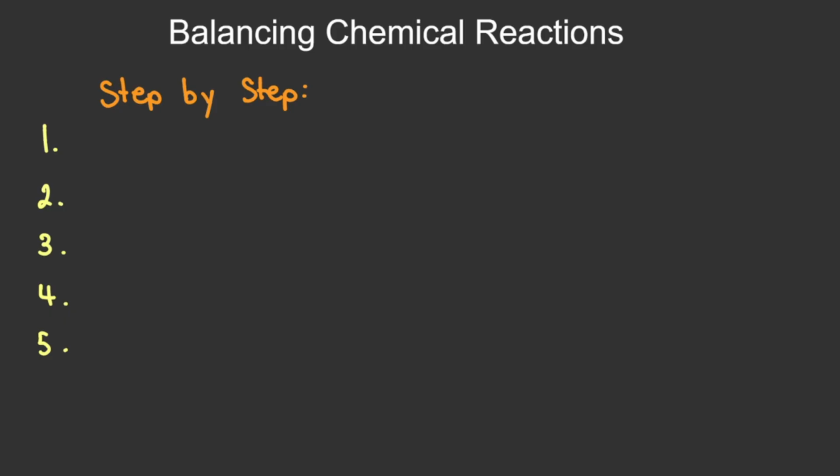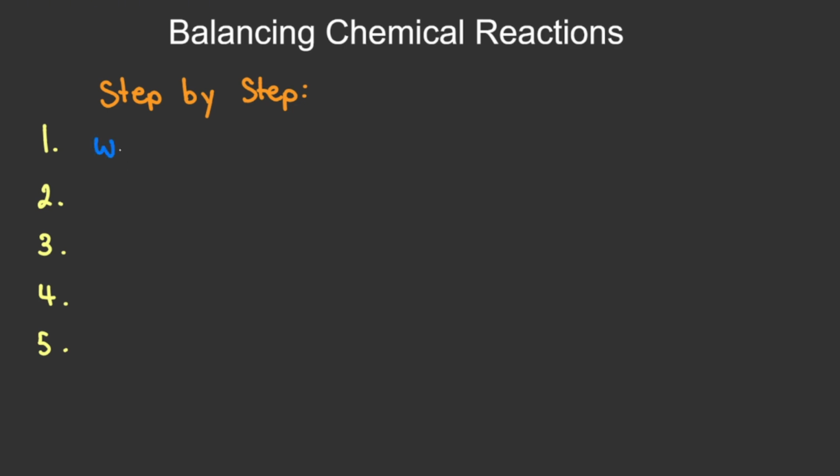Now we're really going to quickly go through a step-by-step method. And here's the method I really recommend, okay? So step 1 is we have to write the unbalanced equation. Now I'm going to do the formation of water again, just so it makes a lot more sense, okay?